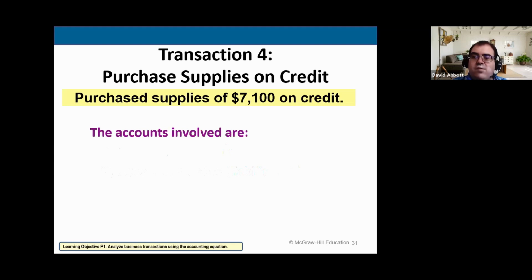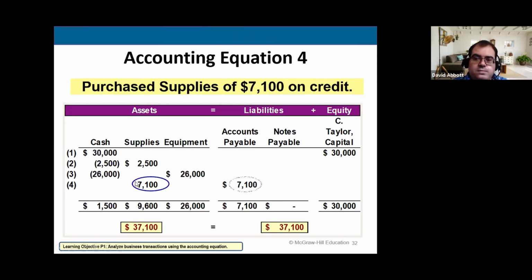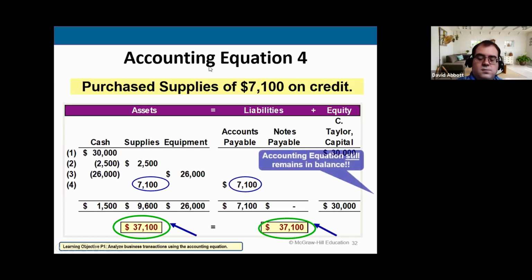We would credit the accounts payable. And the reason for that is we have to make sure it balances on both sides of the equation. So we see here that assets is increasing by $7,100, and our liability in the form of accounts payable is going to increase by $7,100. And because of that, both sides of the equation are still in balance. Okay, so we see that.